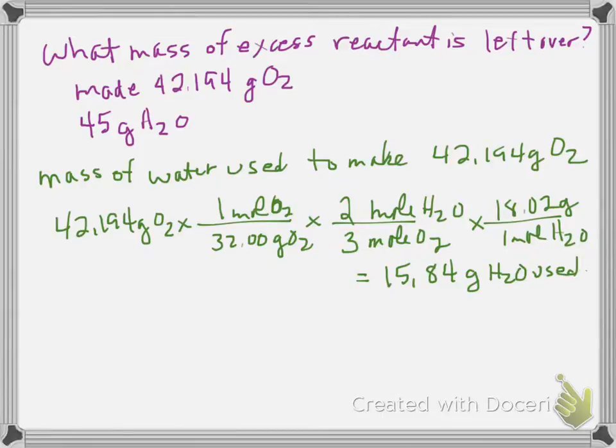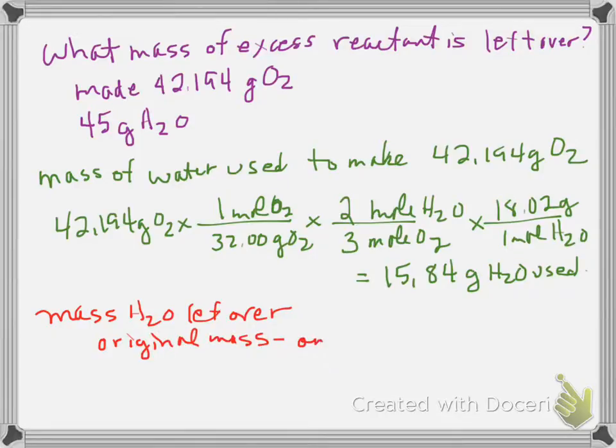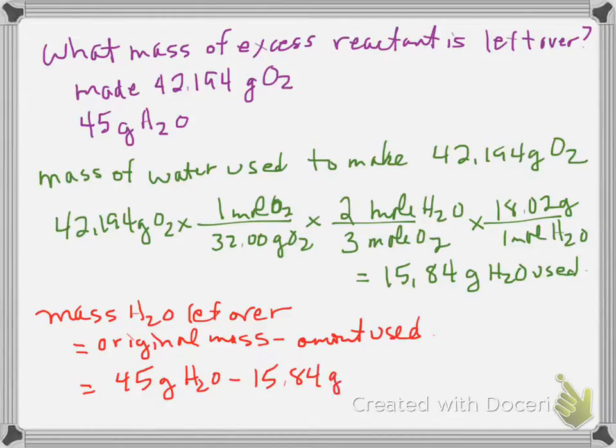But the problem asks me how much is left over. So the mass of H2O left over is going to be the original mass minus the amount used, which is going to be 45 grams of H2O minus the 15.84 grams of H2O used, which will be 29.16 grams of water.